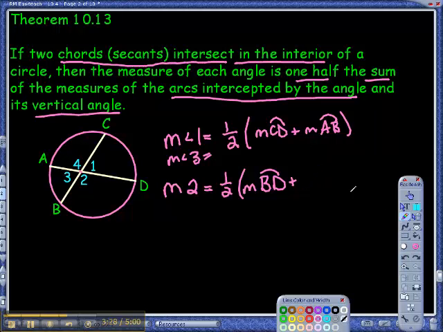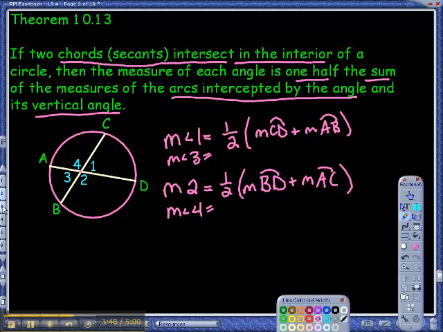By the way, the measure of angle 4 would have been exactly the same thing because we'd be talking about its arc, this AC, and its vertical angle's arc. Whenever you're taking a look at an angle that's inside of a circle, you'll see this relationship.